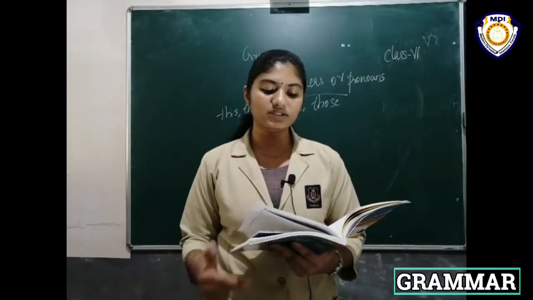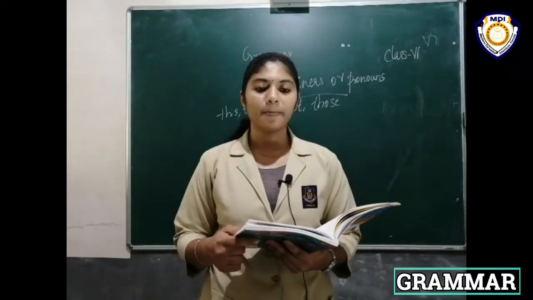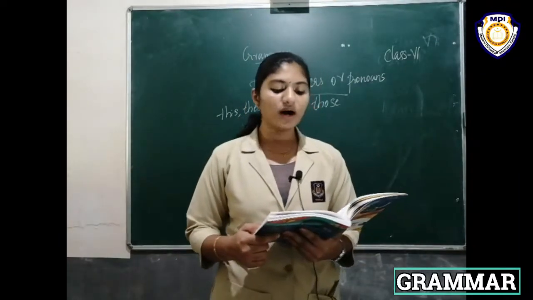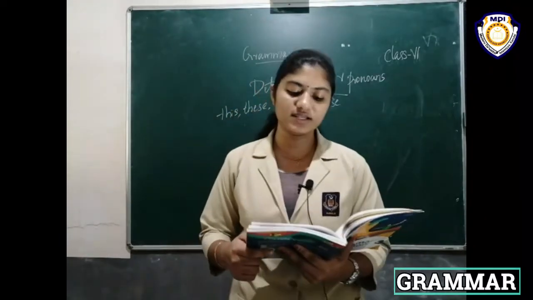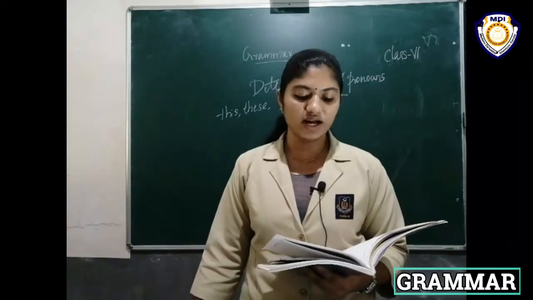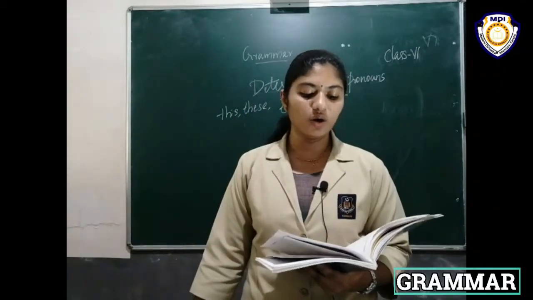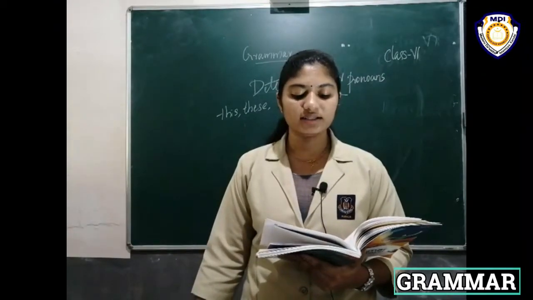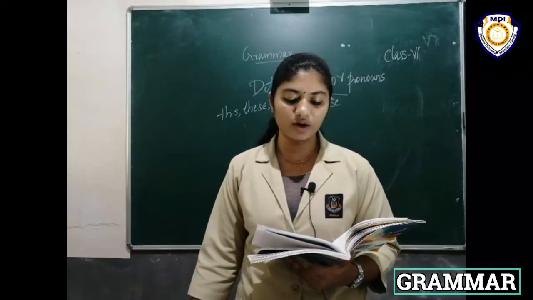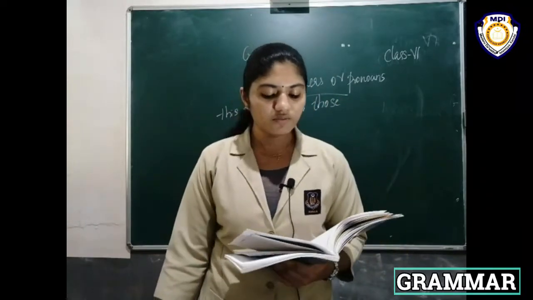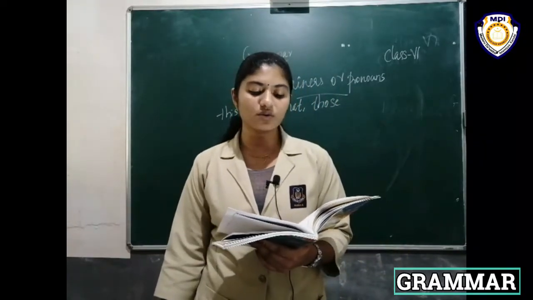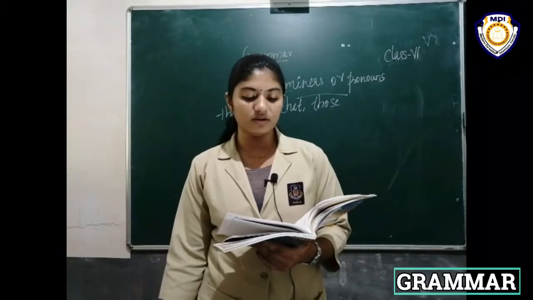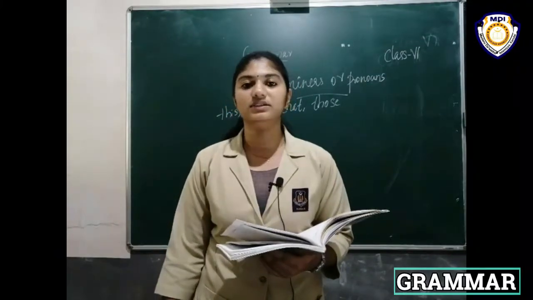Then in the case of determiners, words such as which, whose and what can be used to ask questions about nouns. When used before nouns to ask questions about them, they are called interrogative determiners.